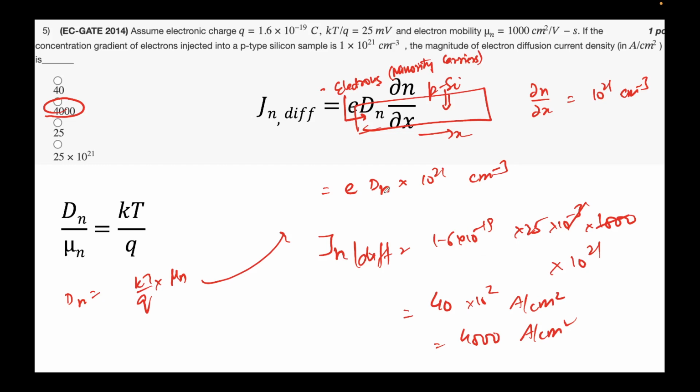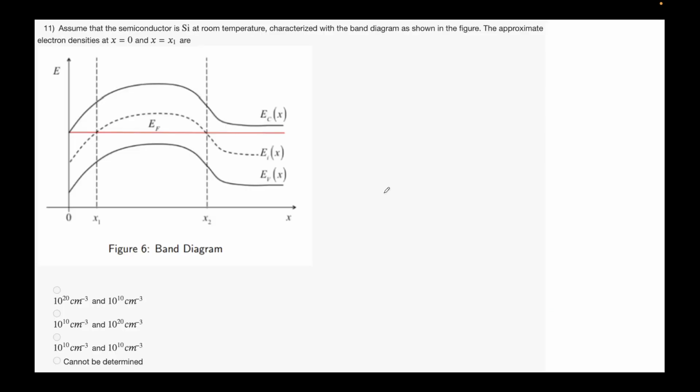Okay, so up until now, if you recall, we have discussed diffusion as well as drift. But please note that up until now, most of the problems that we encountered are at equilibrium. Here again I'll do the same test that I talked about. So let's look at this problem. Assume the semiconductor is at room temperature, so this means temperature equal to 300 Kelvin.